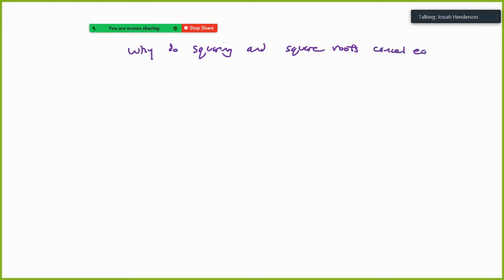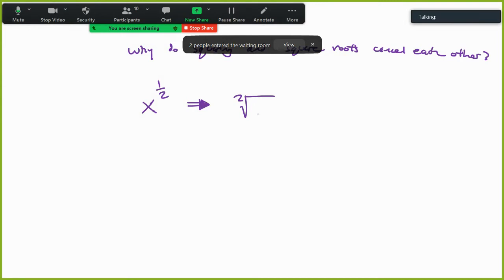Because remember back in Unit 1 when we did all the different exponent rules, and we also did the fraction exponent rules. So let's say we had this, x to the 1/2 power. So if you remember back to Unit 1 and our work with fraction exponents, the 1/2 power is defined as the second root of x.